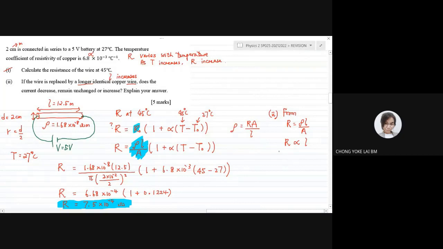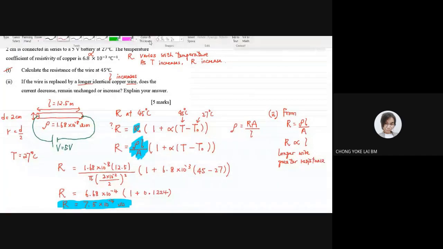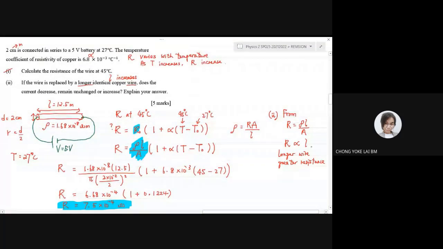So when you have a longer wire, it means that we are going to have greater resistance. Sebab dia directly proportional. So greater the L, greater the R.